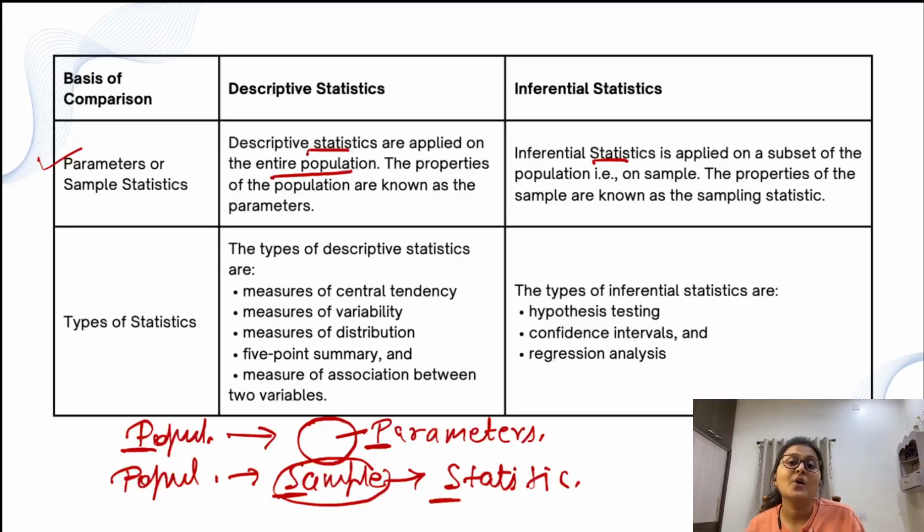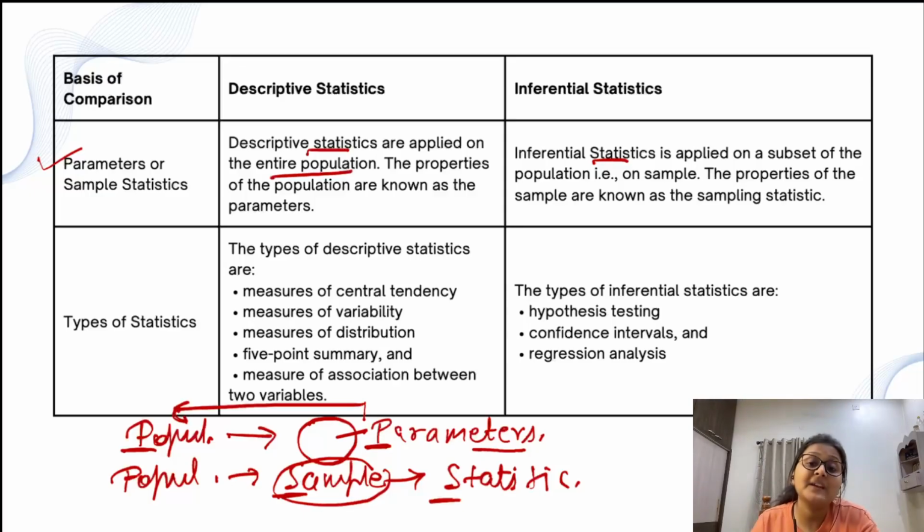An example of this would be, suppose we want to know the average height of all the students studying in a university. If we measure the height of every student in the university, that average height is going to be known as the parameter, because it represents the entire population.